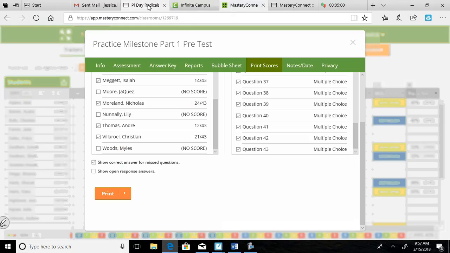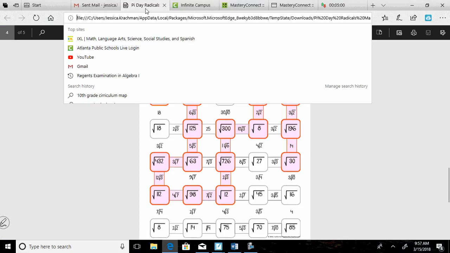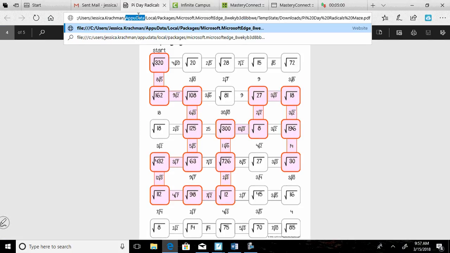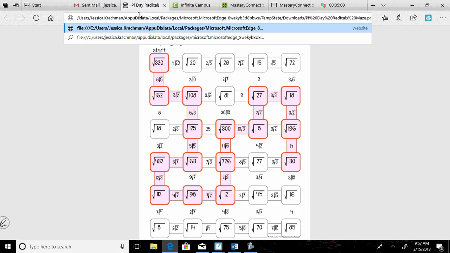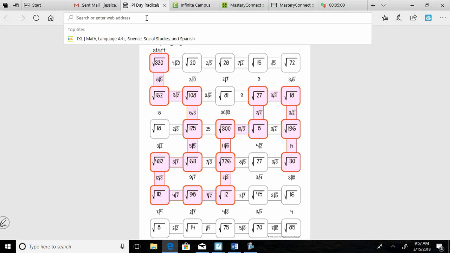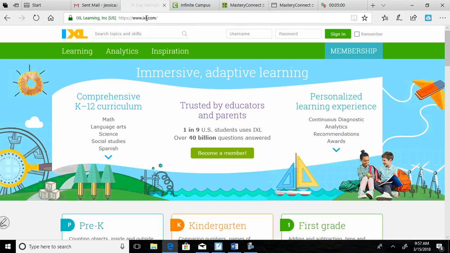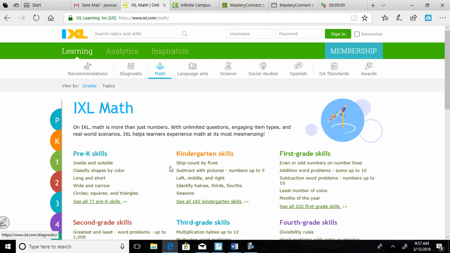Let me find this. Your IXL is actually not in Algebra 1, but it's in Algebra 2.